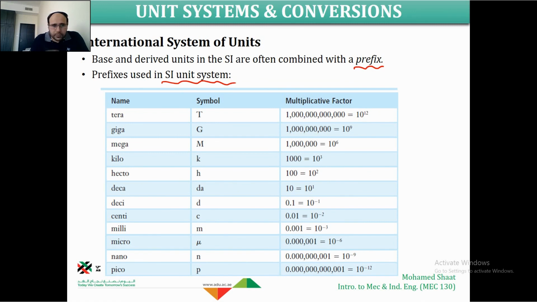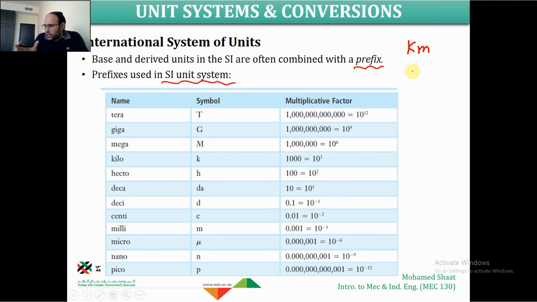For example, tera, giga, mega, kilo, hecto, deca, deci, centi, milli, micro, nano, pico, all of these, and there are more. All of these are prefixes that could be added to any unit. For example, when we say kilometer, it is two parts.